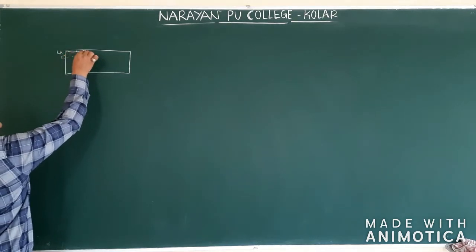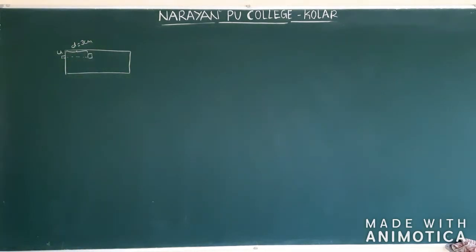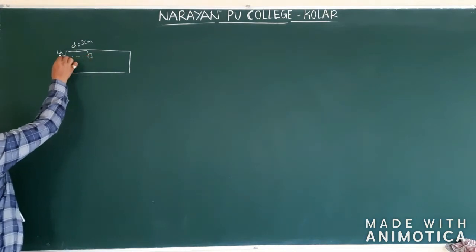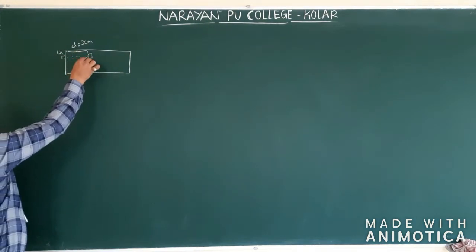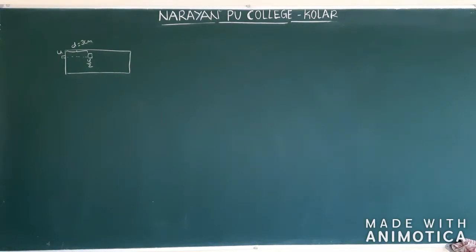This penetrating distance they gave, 3 centimeters. Then it is losing half of its velocity. U will become, losing half means it will become final velocity U by 2. Next they are asking, then how much will it penetrate more before coming to rest?